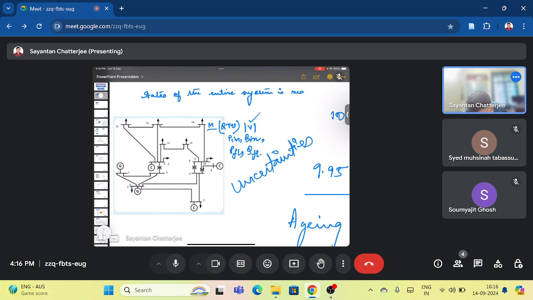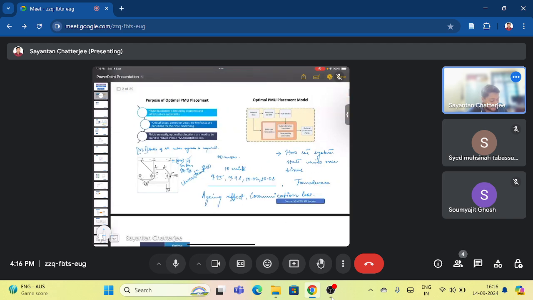When we are required to find the base operating states of the system, which is the V magnitude and the corresponding phase angle, and this is a real-time activity, we can go for state estimation.